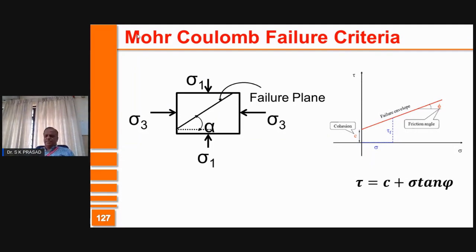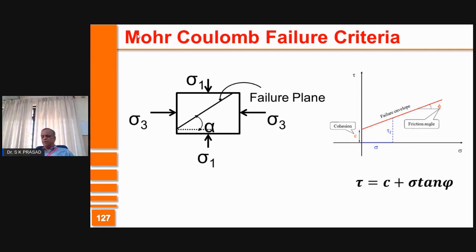And whenever the surface of the ground is horizontal, there is no shear stress acting unless there is a shear force which is produced. Therefore, both vertical and horizontal stresses are normal stresses. All of us are familiar with Mohr-Coulomb's criteria.